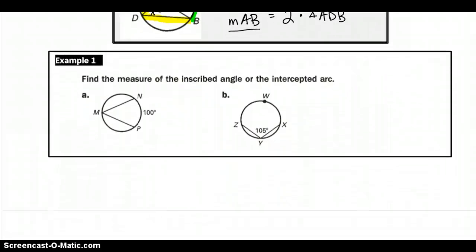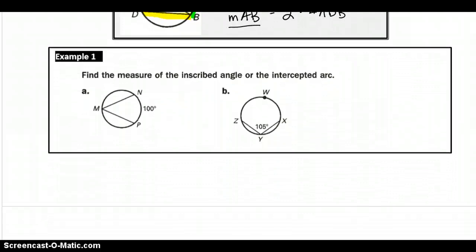Number 1, find the measure of the inscribed angle or intercepted arc. It'll give us one, we have to find the other. So in example A, if the arc NP is 100, we know the inscribed angle is half the measure of the arc. So the angle NMP is equal to 1/2 times 100, so it equals 50 degrees.